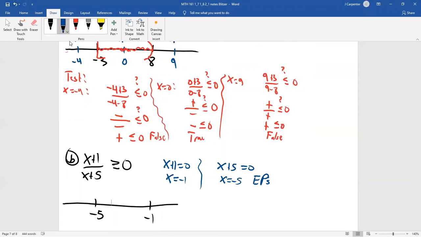To the left of -5, I could do -1001 if I wanted to, but I'm not going to. I'm going to do the closest whole number, which is -6. Between -5 and -1, I could go with -4, -3, or -2. -2 is smallest in absolute value, so I'll go with that. No, these are not spaced equivalently. Please don't worry about that. And then I always like to use 0 whenever I can.